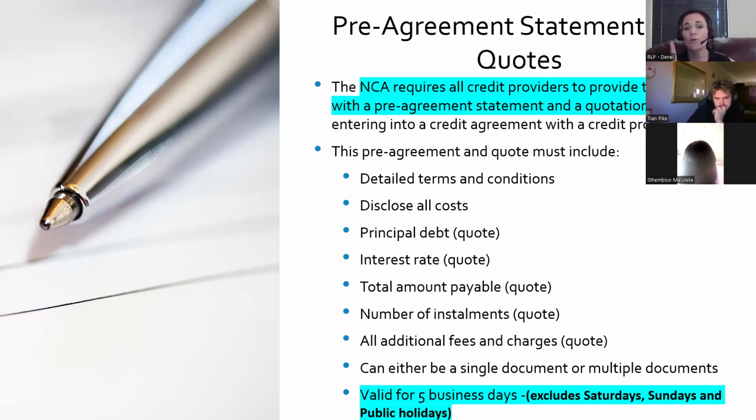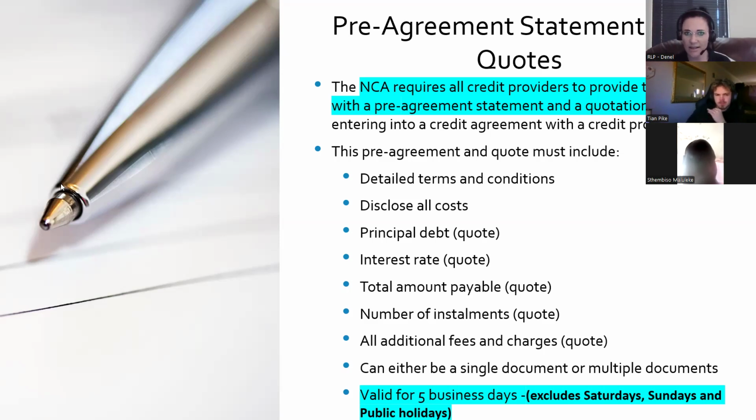This can either be one single document or multiple documents. But the key thing here is that it must be valid for 5 business days. And when they refer to 5 business days, it excludes Saturdays, Sundays, and public holidays.